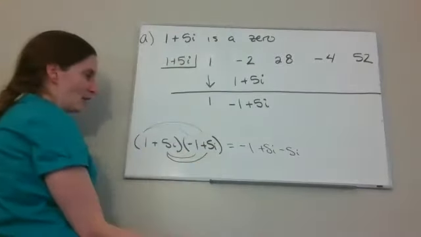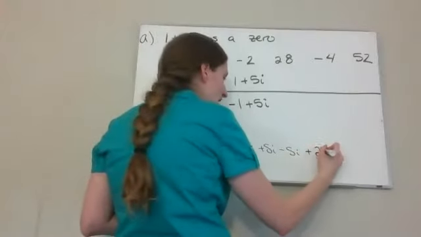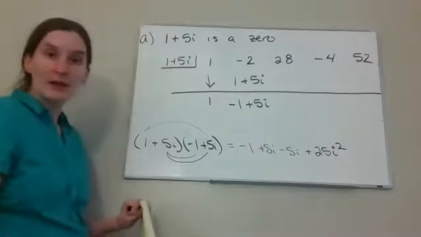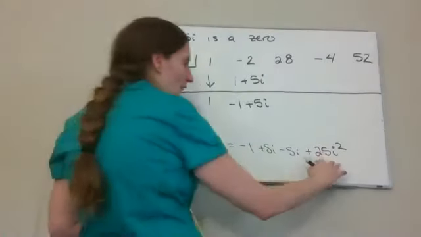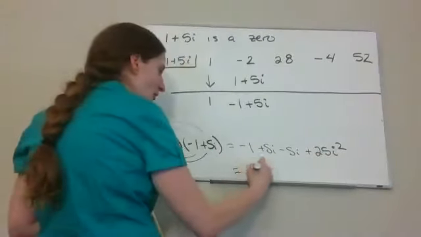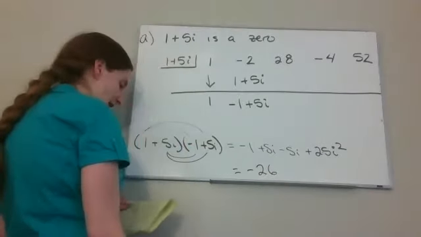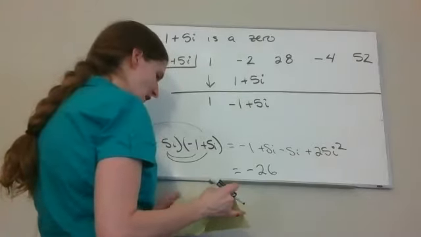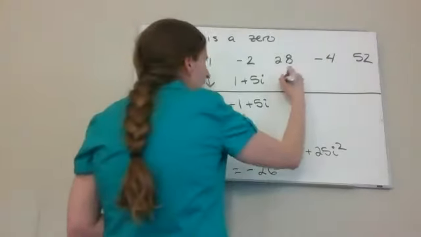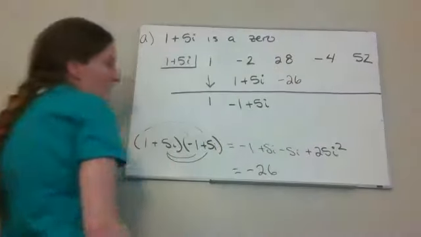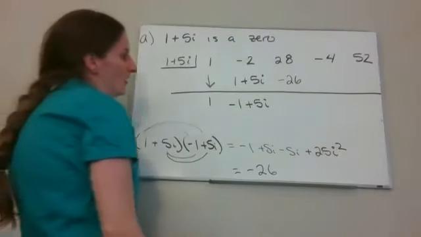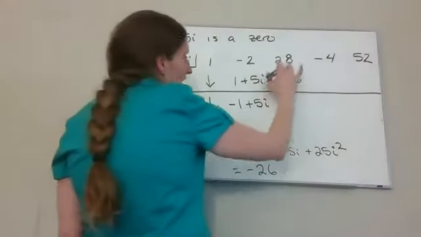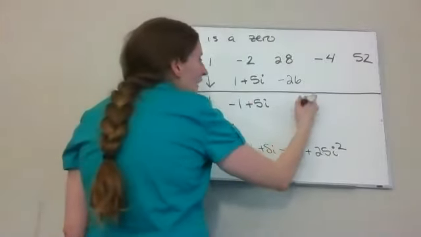And 5i times 5i is 25i squared. But we know i squared is negative 1. So this is really minus 25. I put it all together and get negative 26. I feel like I multiplied something wrong. Nope, that was right, negative 26. I was expecting i's to stick around still. All right, so when I multiply those two guys together, I get negative 26. Now when I add those together, I have 2.